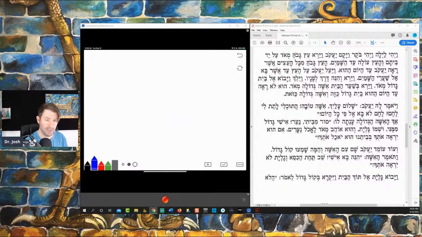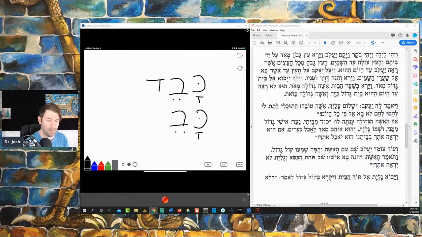So let's do kaved, just so we get some experience with this. Kaved means heavy. If we write it out in full, the ending for the feminine singular, as you would expect, the open pro-protonic syllable will reduce.